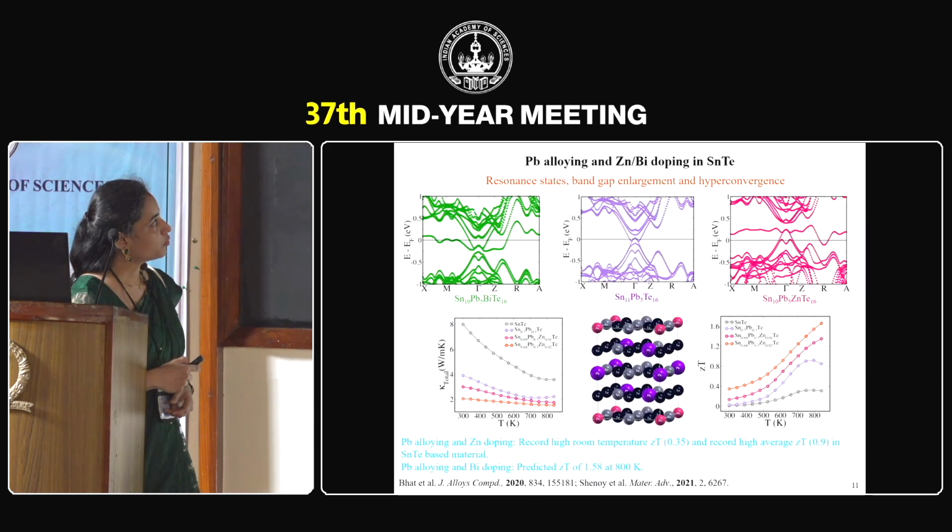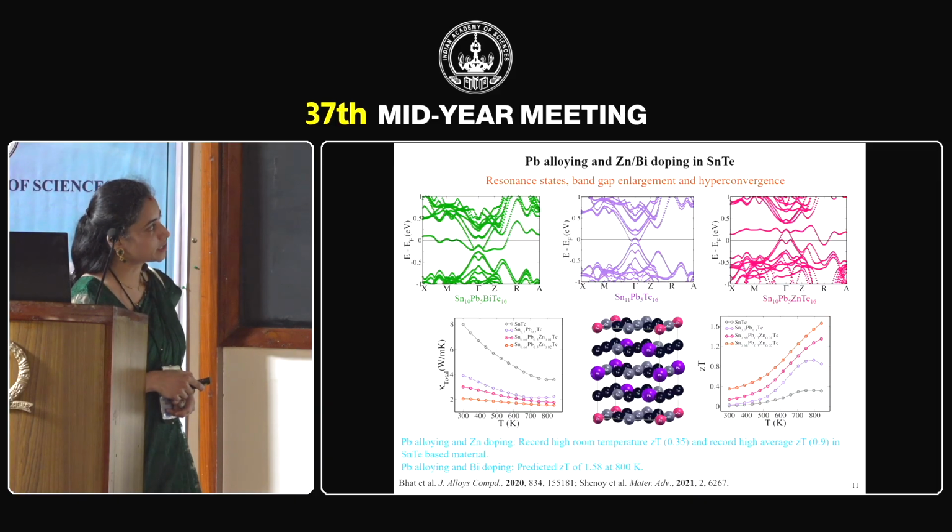So now when we alloy lead with SnTe, we see that the thermal conductivity drastically decreases, but the problem here is that the band gap also closes, which will lead to bipolar diffusion.